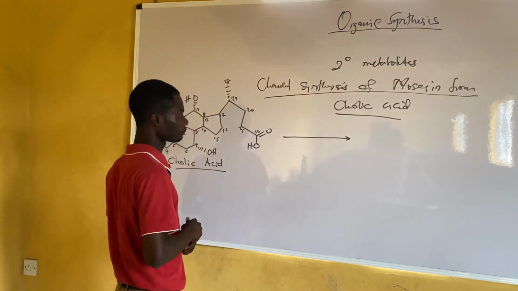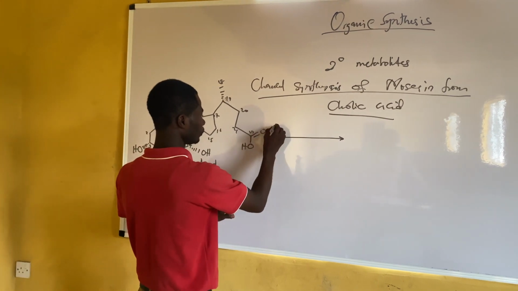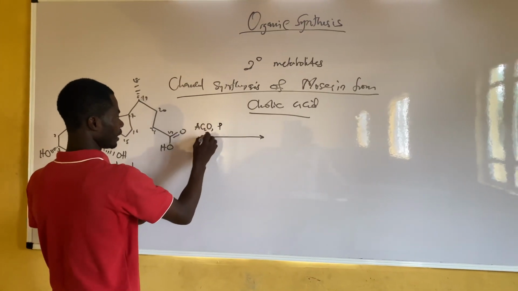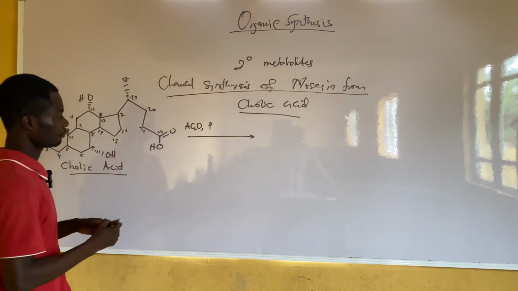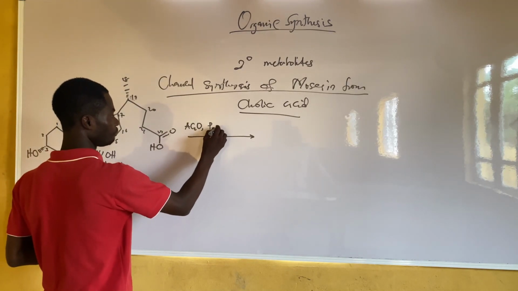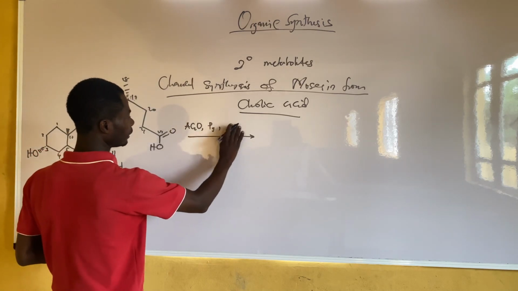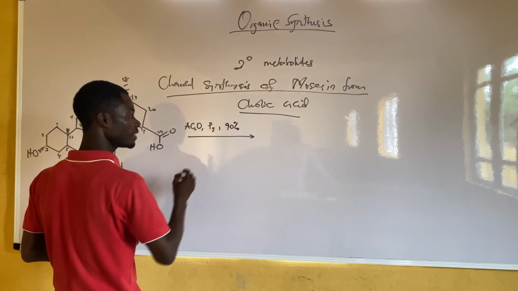We make use of Ac2O, that's acid anhydride, the short form, with pyridine, at a proportion of about 90%.